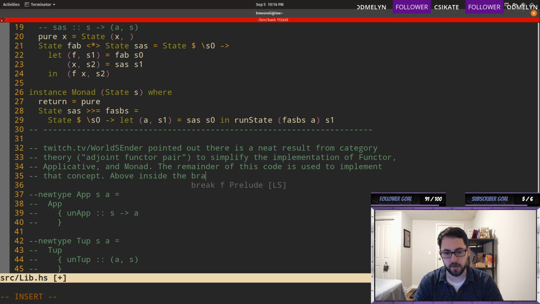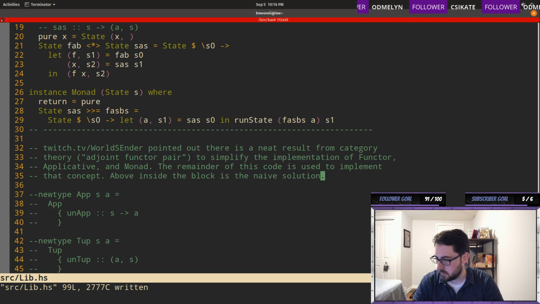Inside the block is the naive solution. Is that good? I think that's pretty good.